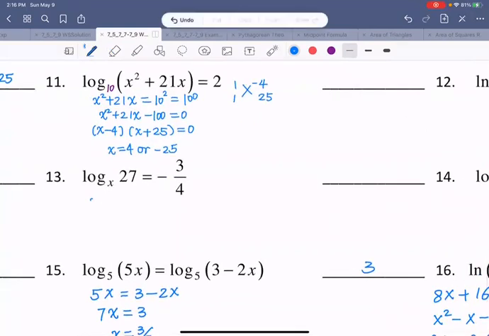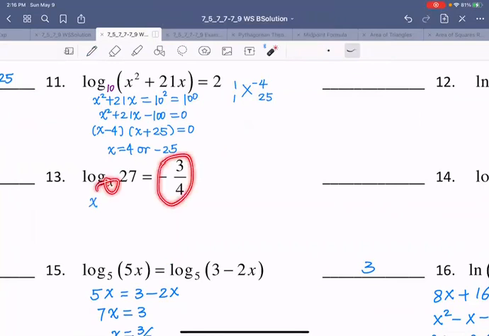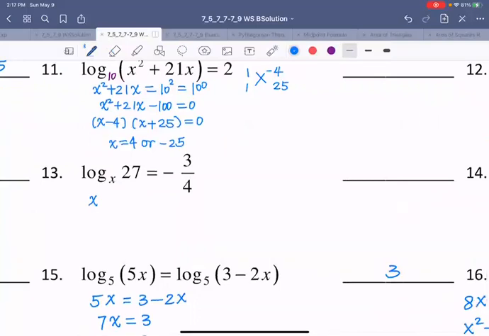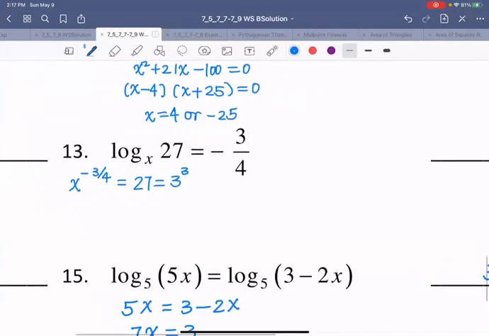X to the power of, that's the base, that's the exponent. X to the power of negative 3/4, good, equals 27. 27 is who? 3 to the power of 3. So I'm going to rewrite this, okay?